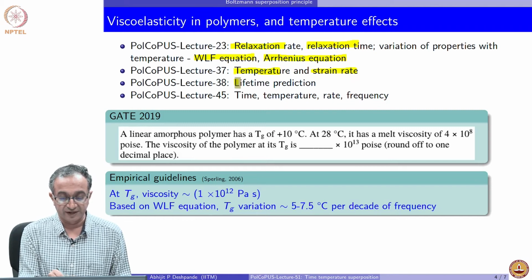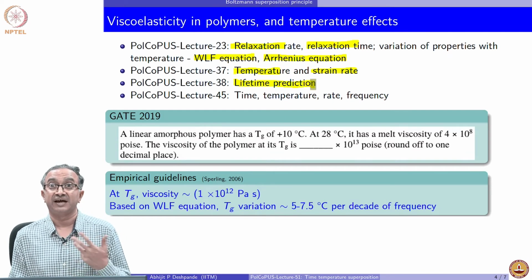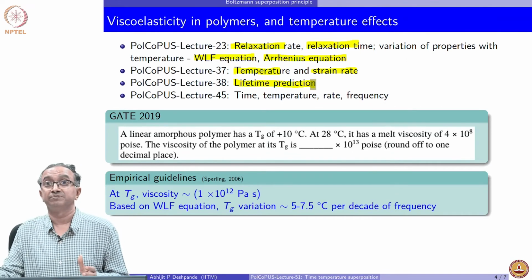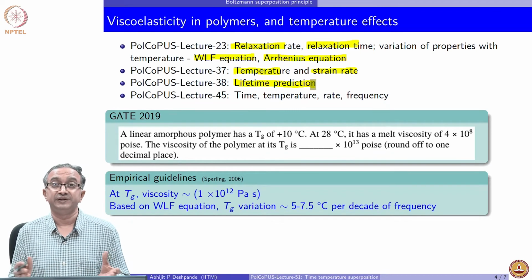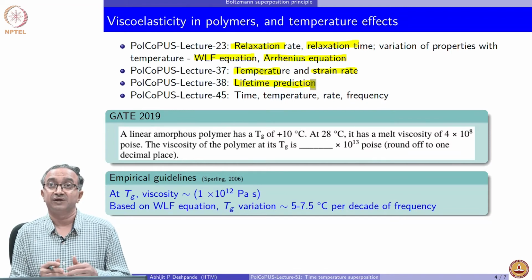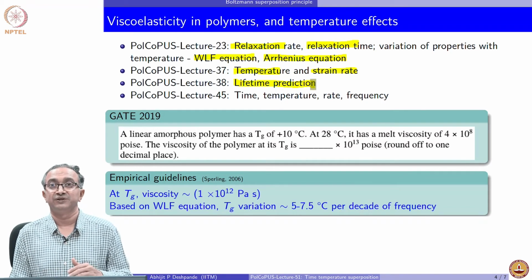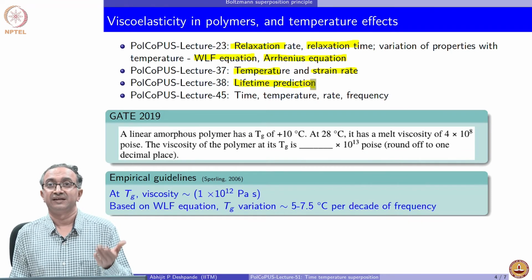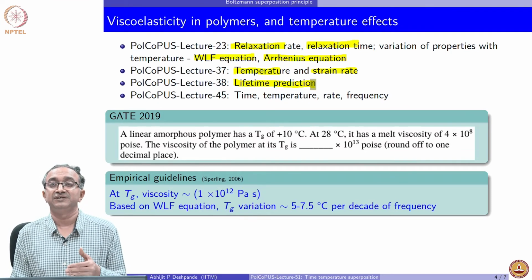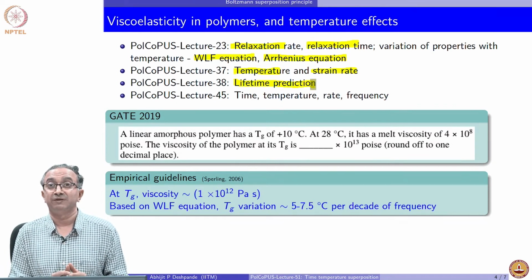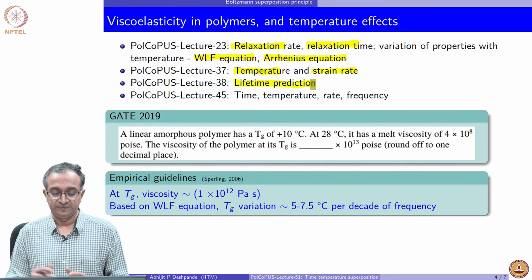Similarly, in case of aging and lifetime prediction and accelerated aging, we again saw that instead of doing a long term testing which is not feasible, we can do short term testing, but at a more stringent condition. If we think in terms of temperature, then we do testing at higher temperature and get the material response, and then we say that during service life the temperature will be lower, but the material will be able to withstand for much longer.